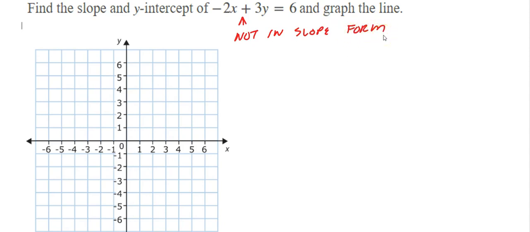Guess my eraser doesn't want to work for me today. So we need to rewrite this in slope form. That is our goal. What is slope form? Let's remember our definition. It's y equals mx plus b, where b is the y-intercept and m is our slope.